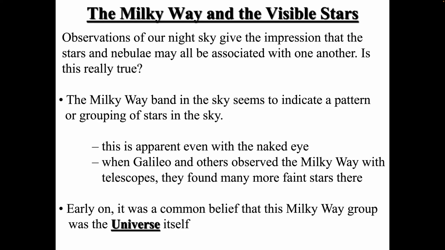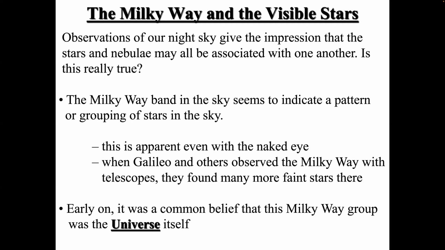Observations of the night sky gave the impression that stars and nebulae may all be associated with one another. This shows the idea that we initially had: there are stars and there are nebulae. The name nebula is actually what they referred to as galaxies now. But in ancient times, they did not know that there are galaxies, so they used this nebula, like a small island, a collection of stars, those kinds of things.